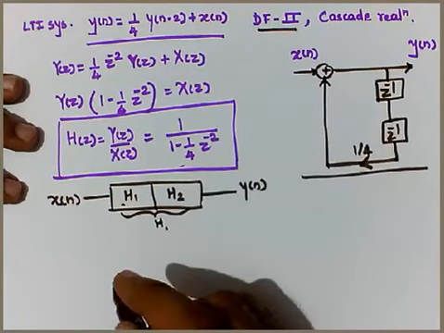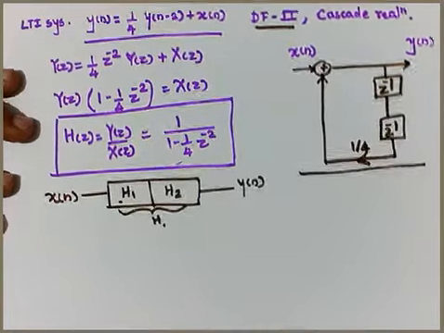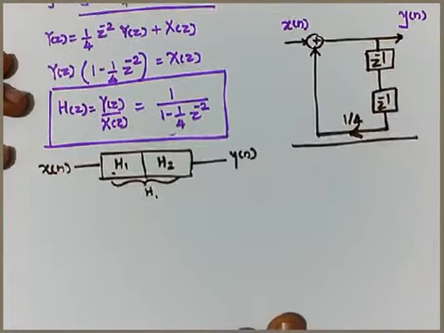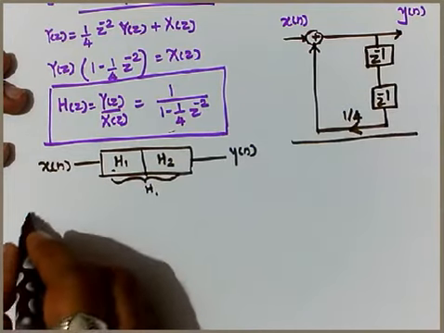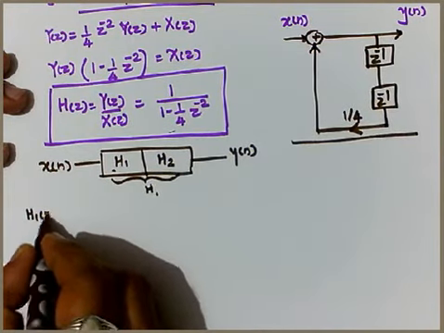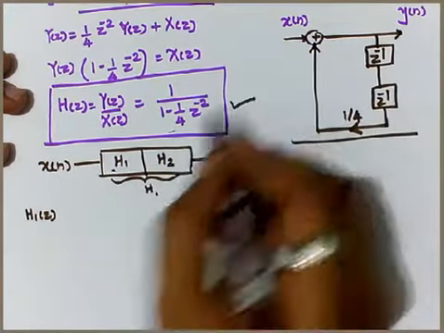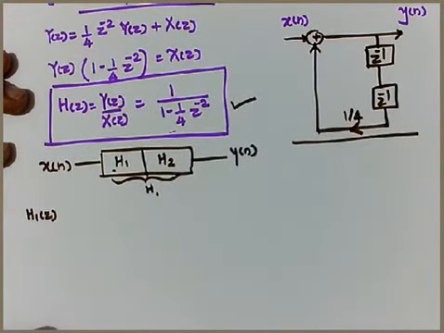So let's split this in such a way that it gives the identity: h of z is 1 upon 1 minus 1 by 4 z raised to minus 2.